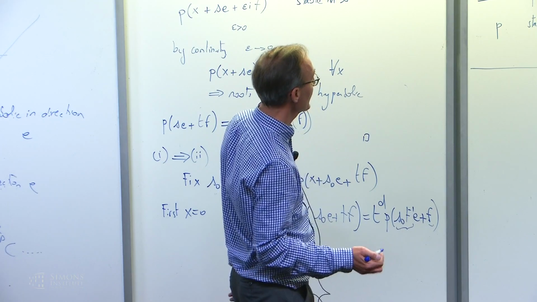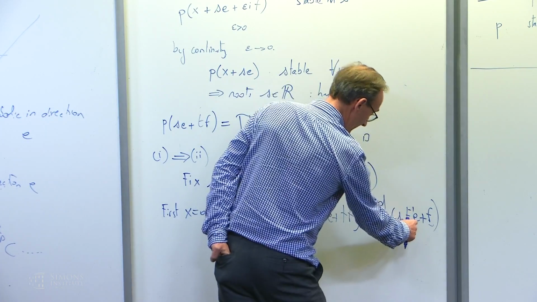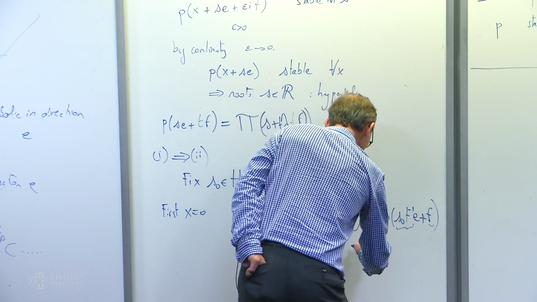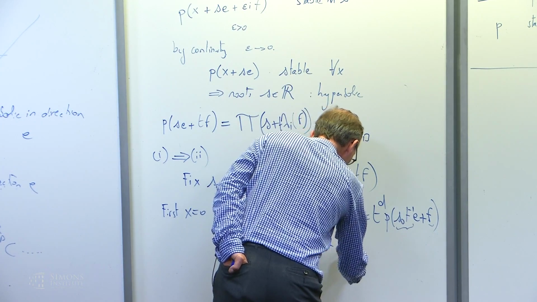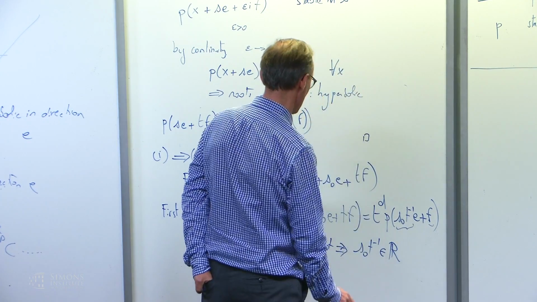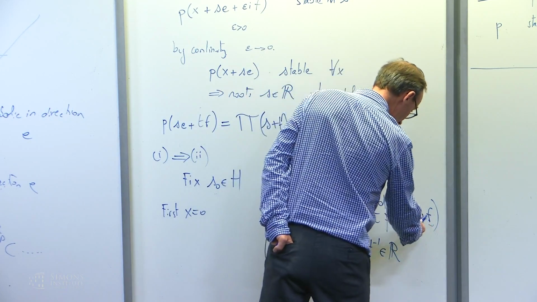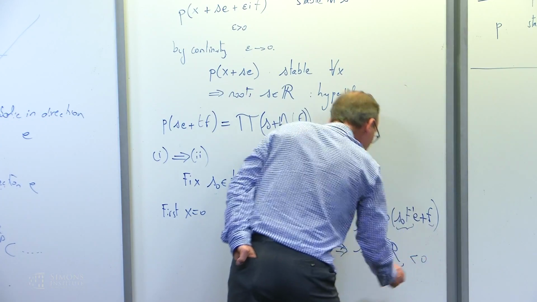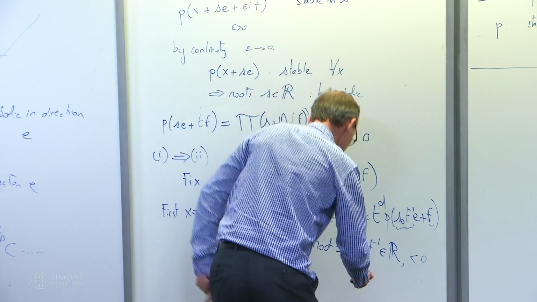Since it's hyperbolic in direction e, if I have a root, s0/t minus 1 had better be real, and also negative.